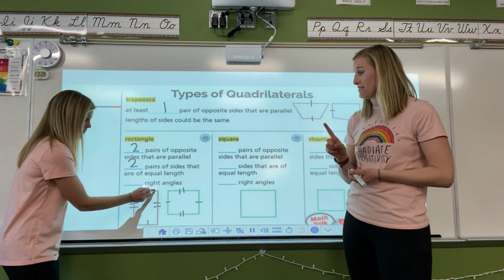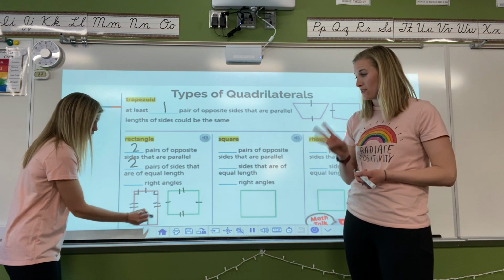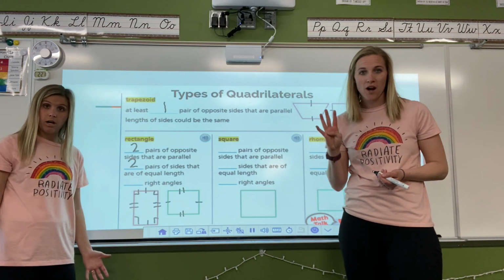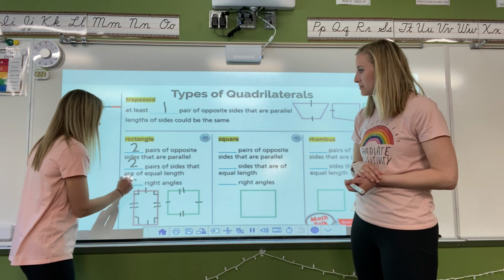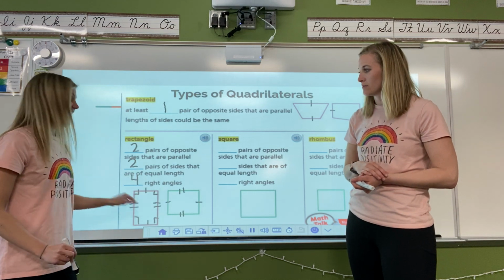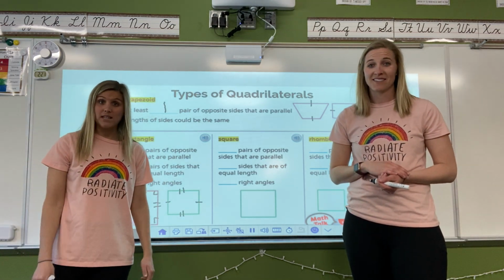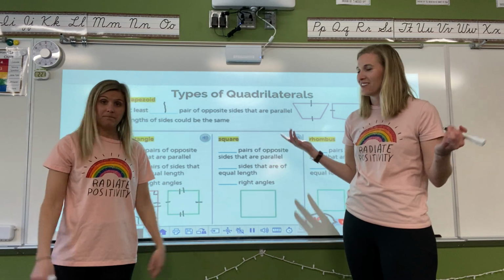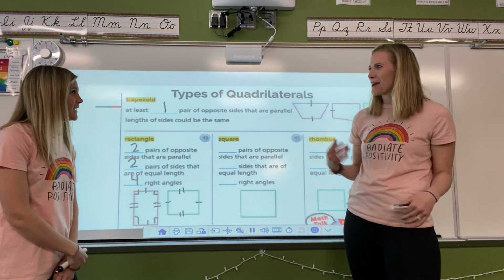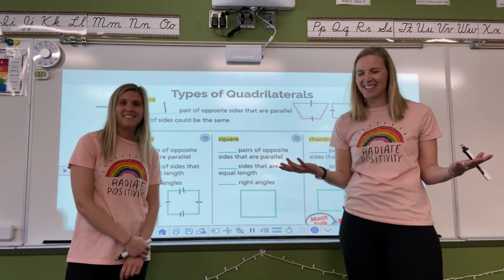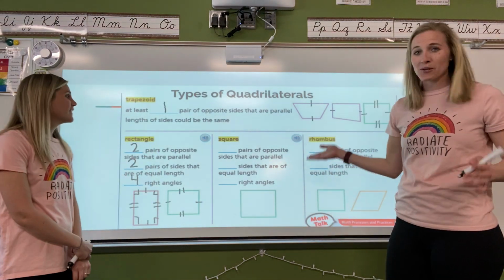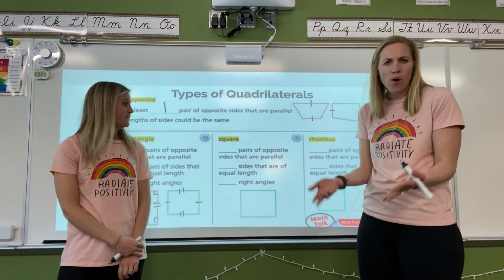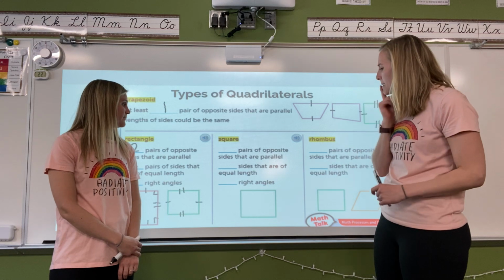I see there's 1, 2, 3, 4. 4 right angles. Every rectangle, every angle is going to be a right or a perfect angle. Look at that. Bringing some vocab from our previous lessons. Awesome.